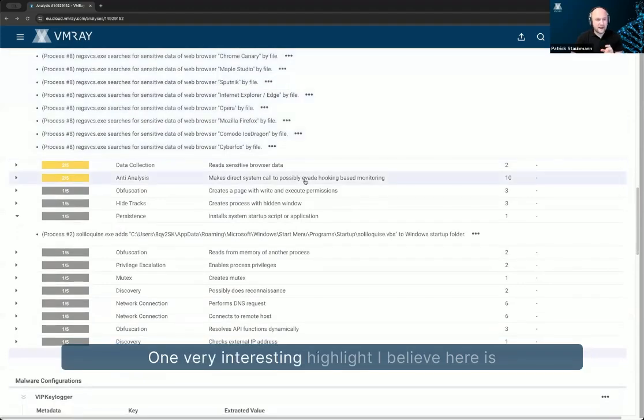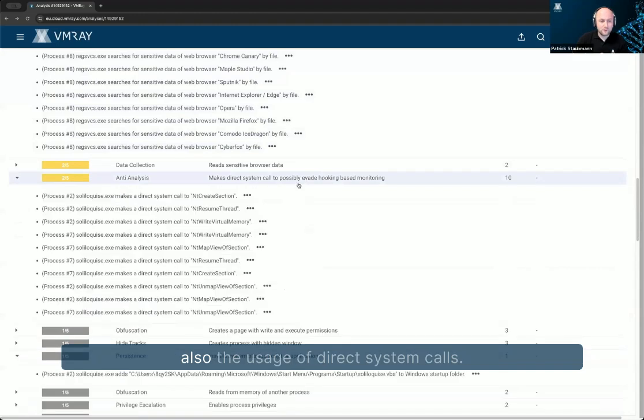One very interesting highlight here, I believe, is also the usage of direct system calls. We actually spent lots of time in the last year, in 2024, looking into direct system calls and also indirect system calls. The goal of using them is to make monitoring-based solutions that rely on hooking blind, right?